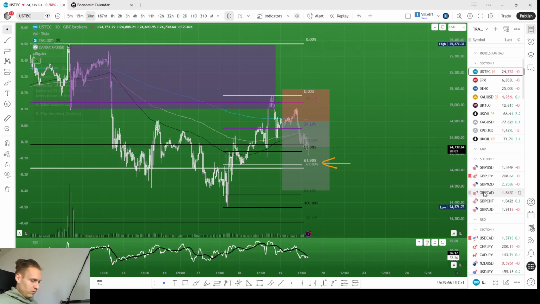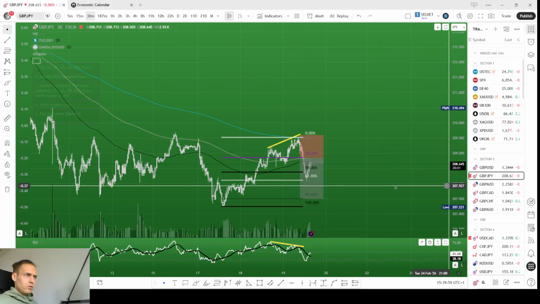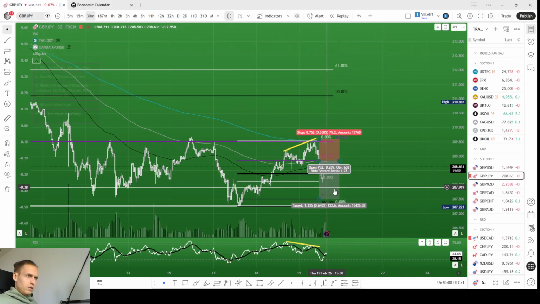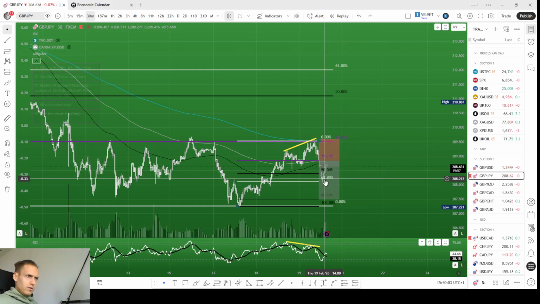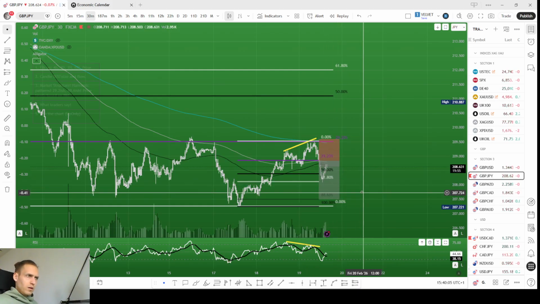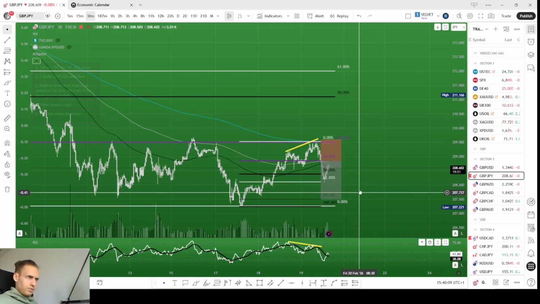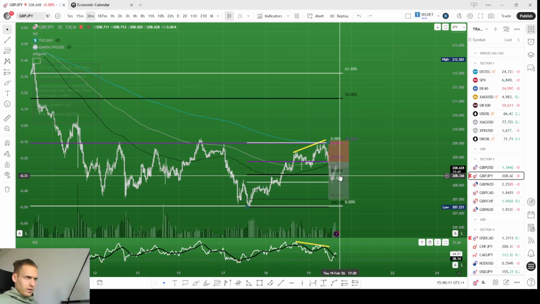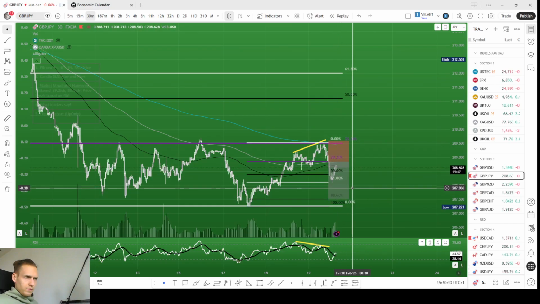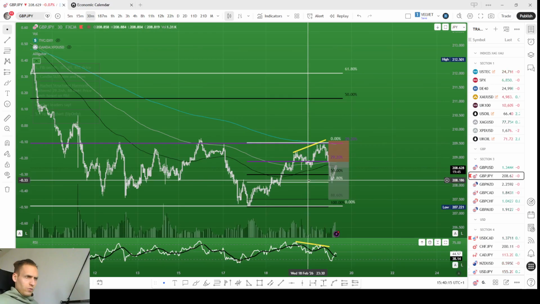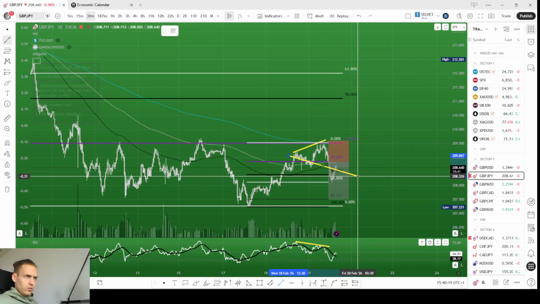And also GJ is also doing good. It did better, but it reversed from my 61.8, just the same as the Nasdaq did. So we might, I hope there is going to be some kind of head and shoulders over there.